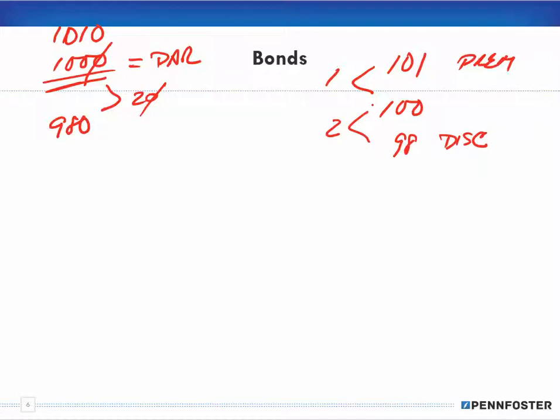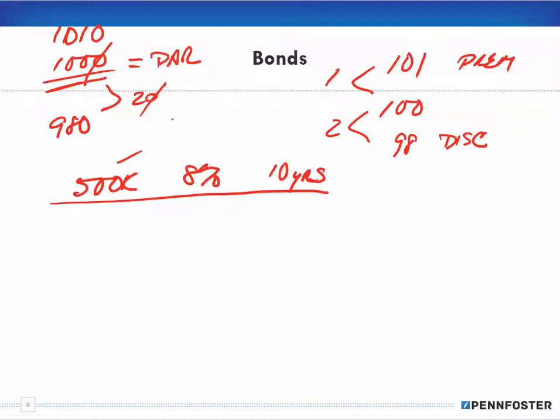All right, so from the example that we had previously, let me look it up here. Sorry about that. They were talking about having $500,000 in bonds at 8%. The maturity was 10 years.